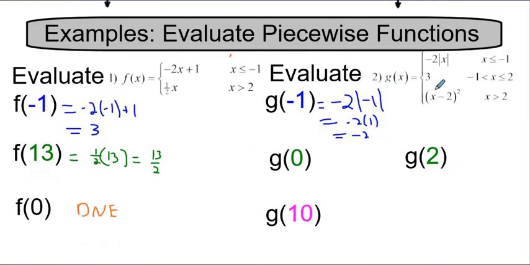So to do 0, where is 0 valid? Well, if I take 0 and try to put it in here, is 0 less than -1? Nope. Is 0 between -1 and 2? Sure is. So I'll put 0 in this portion. And remember, while evaluating a function that is only one number, the output is always that number. That's what creates the horizontal line, because you're always getting 3.